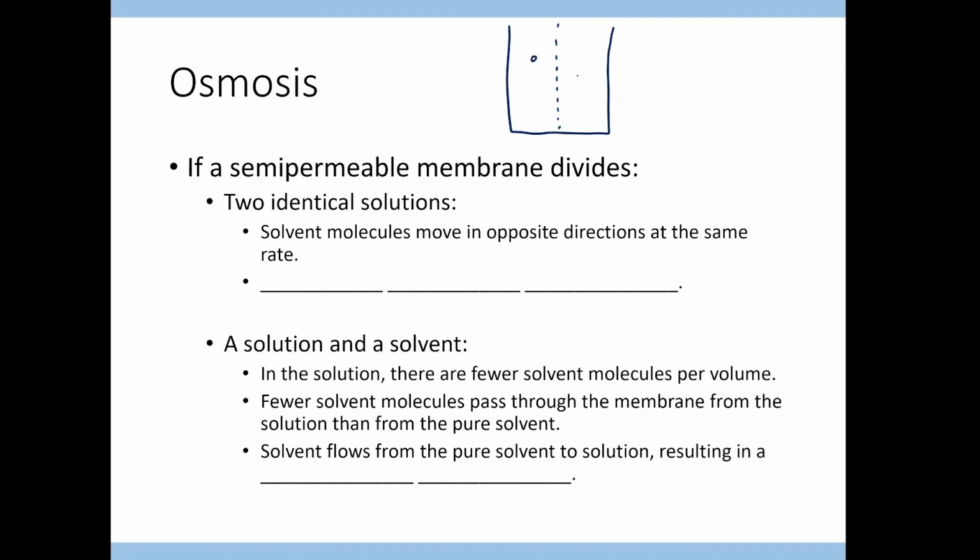Say we have generally two solute particles per side. Solvent molecules are transferring between the two sides of that membrane, but there is no net osmosis.